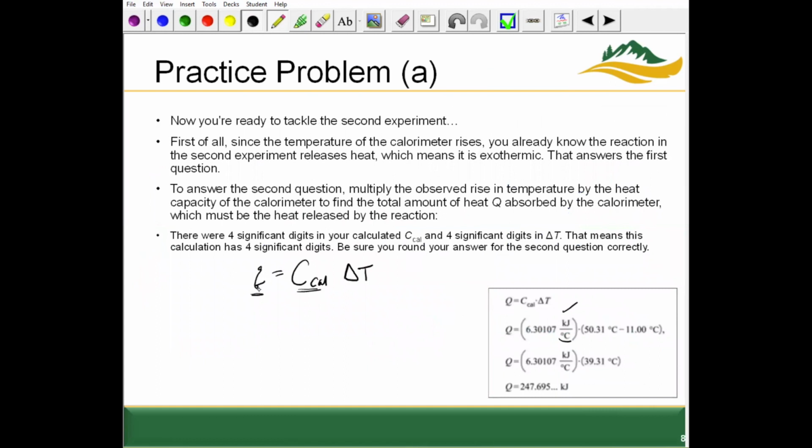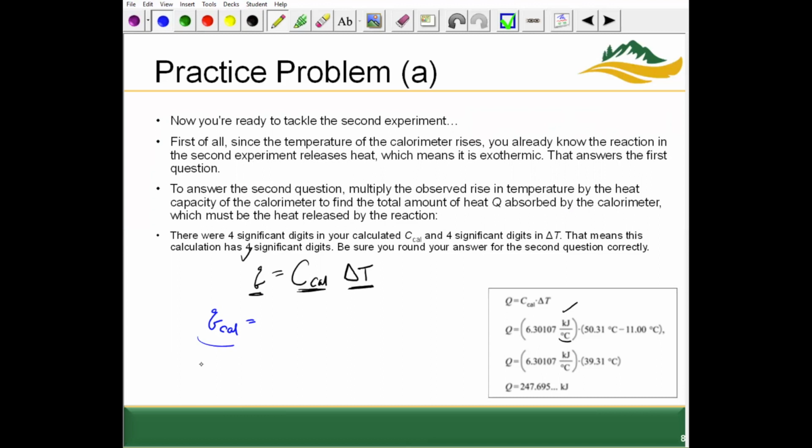So we don't know this amount, but we do know the heat capacity of the calorimeter. The amount of heat produced is going to depend on the heat capacity of the calorimeter and by how much the temperature increased. How much did it change?